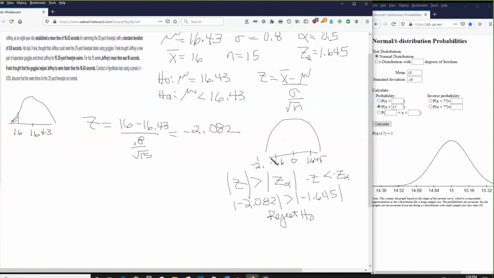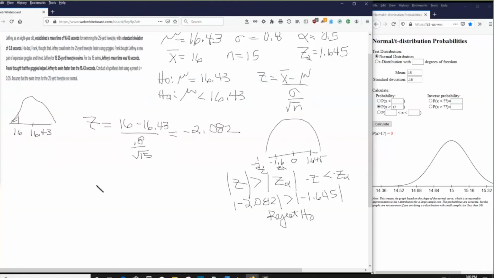So what that is telling us is that my z-score of my alpha is here at minus 1.6. My z-score of 2 is much smaller, so that would mean that we would expect his swim time, or the mean of his swim time, to be much less than the given mean of 16.43.